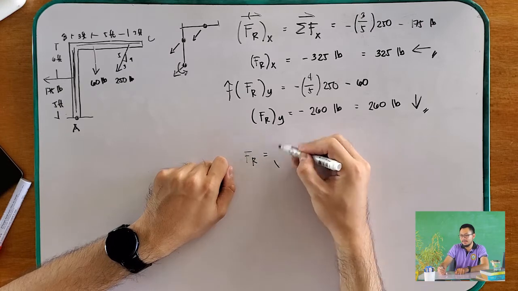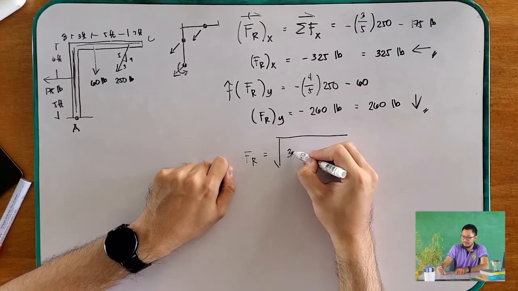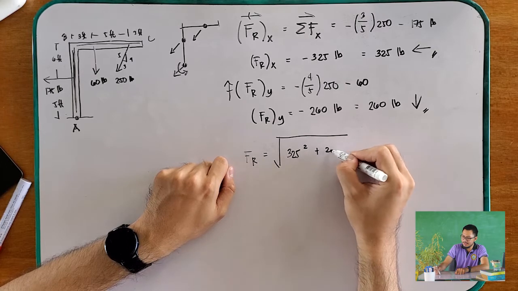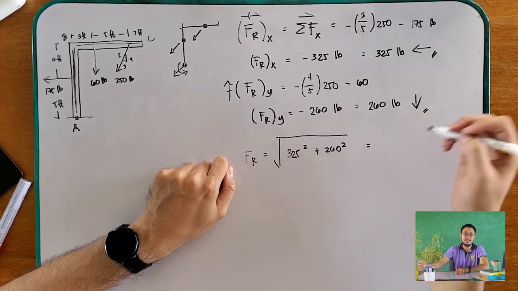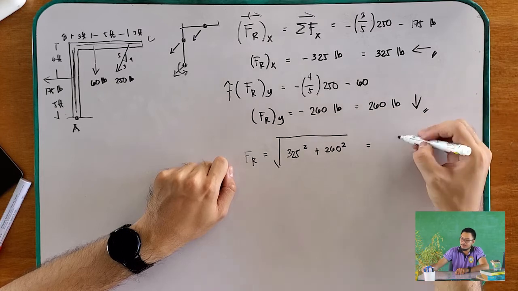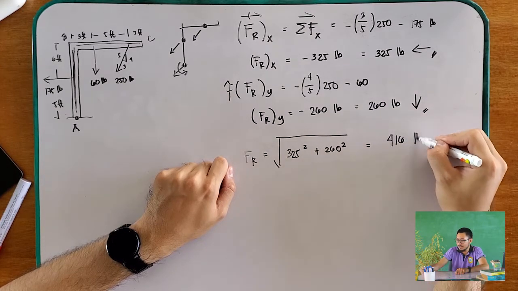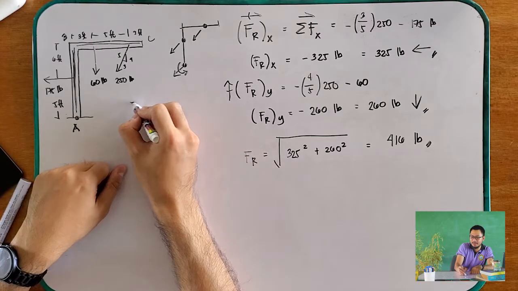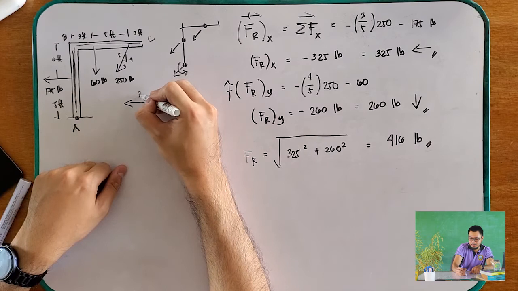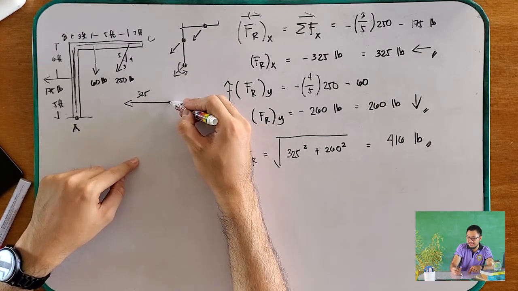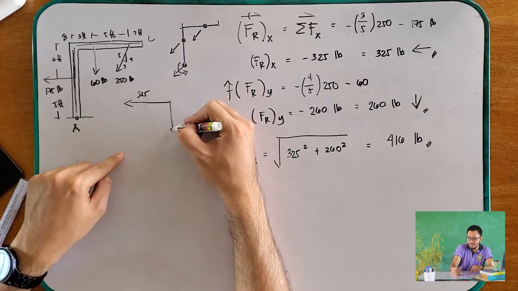Now we determine the magnitude of the resultant force. We still only have its components, so we look for the magnitude of the resultant using the Pythagorean theorem: 325 squared plus 260 squared. So the magnitude of our resultant force is 416 pounds. How about its angle? What we know is that your 325 is going to the left and your 260 is going down.